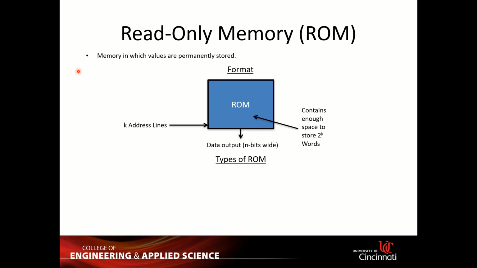The first way is called mask programming, or you can call it fabricated ROM. This is made by the fabrication process, and they call it mask because you need a mask for the photolithography process to make your memory element.